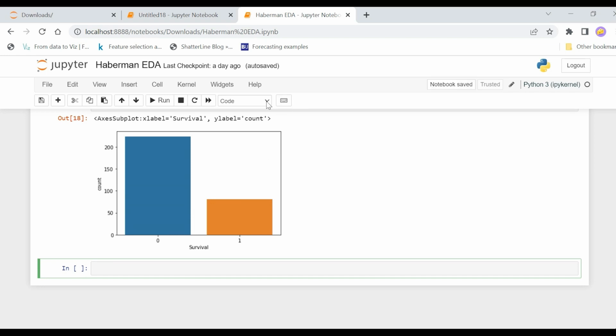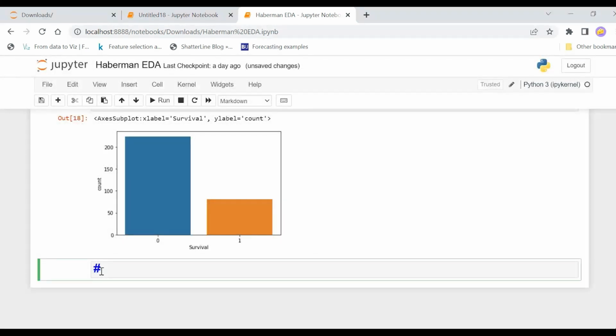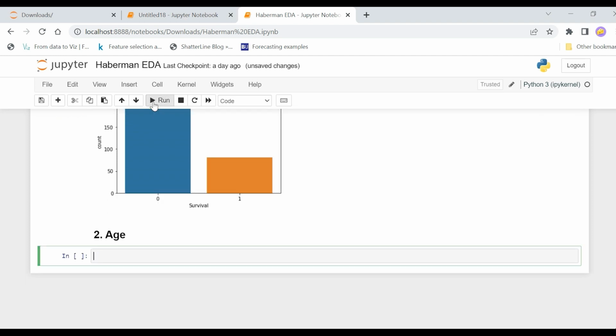Now let us go to the age feature. What can I understand from age? This is the age feature. So what insights can I get when I'm analyzing the age feature?